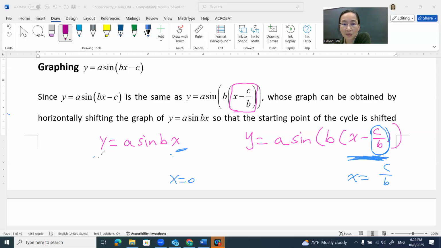That's when they have the same y. So x equal to c over b is equivalent to this function when x is 0. That's why they're related.